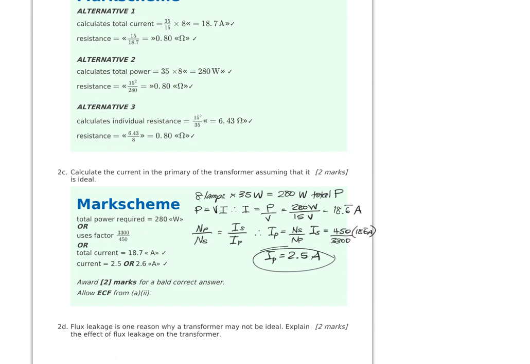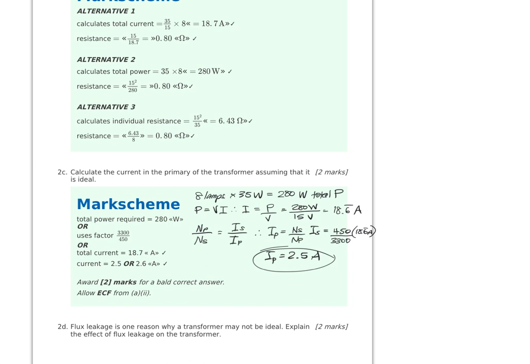this involves some power calculations, but also involves the transformer ratio of turns to current. First, I'm trying to figure out the current in the primary. In order to do that, I need the current in the secondary. In order to figure out the current in the secondary, I need to know the total current for the circuit. I know the total voltage is 15 volts. They're in parallel, so they're all the same voltage.